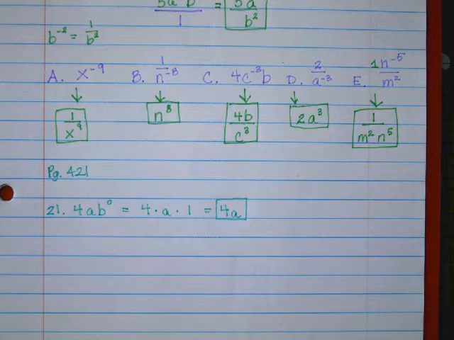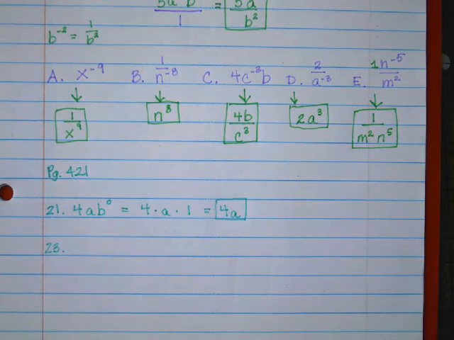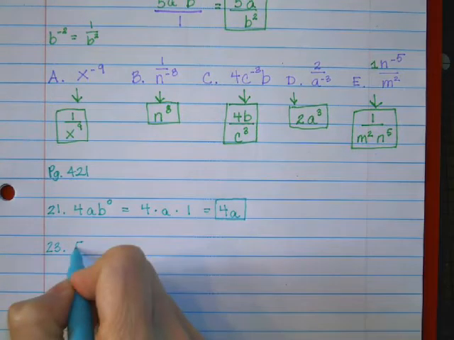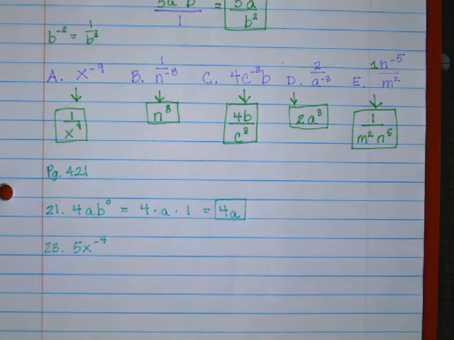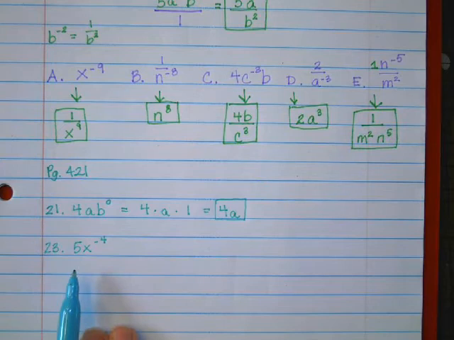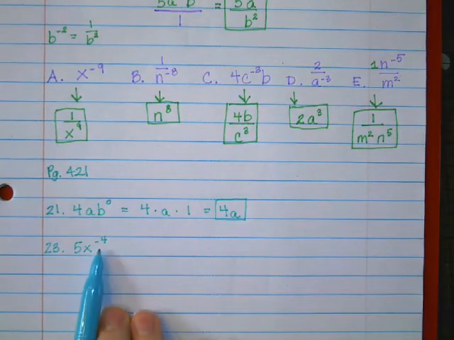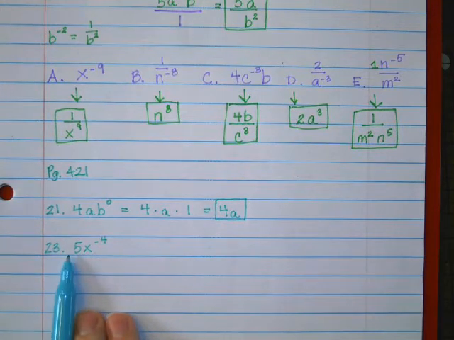All right. We're going to move and do number 23. All right, number 23 says 5 times x to the negative 4. All right, so like our previous problems up here, we only are going to move whatever has a negative exponent. So this negative 4 is only attached to the x. It is not attached to the 5.